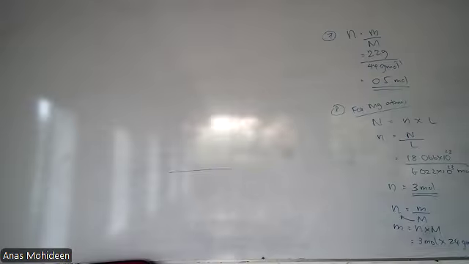So now here you see the number of molecules you found. Now here is the number of atoms: 1 carbon dioxide has 3 atoms. Okay. Now I find out the total atoms.